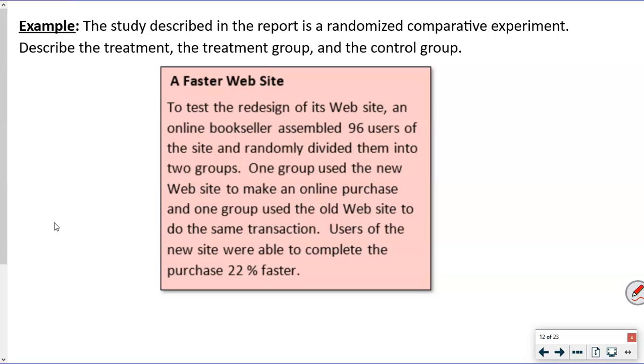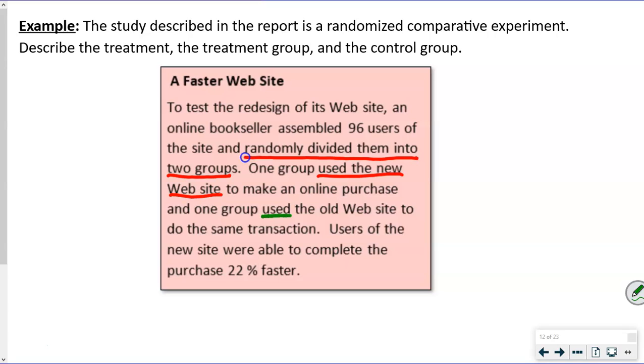So what are we looking at here? Basically, they randomly divided them into two groups, right? One group used the new website, and one group used the old website. Let's just do it in a different color.